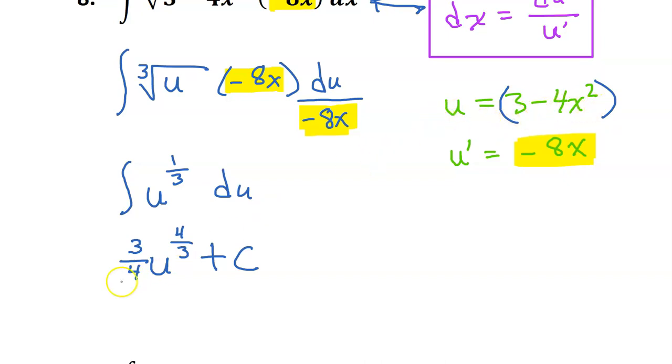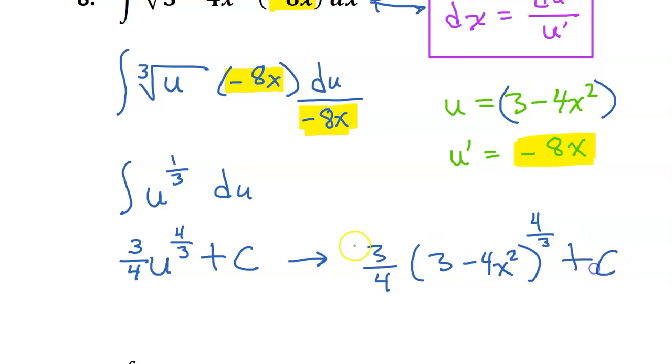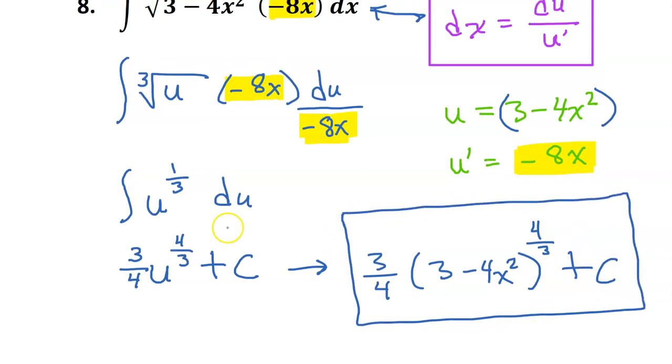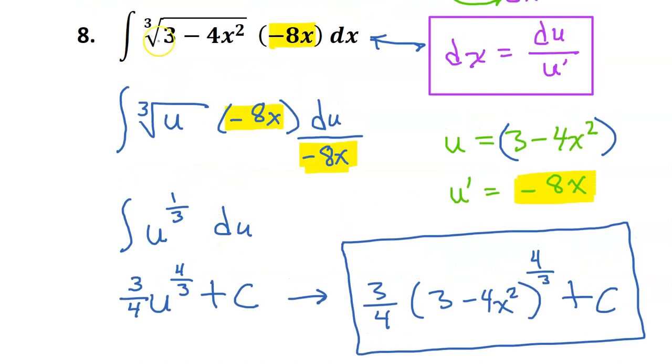So let's now put that back in. So this will now become 3/4, and then we have u to the 4/3 power, but u was 3 minus 4x squared. And that's it. That's how you use u-Substitution to find the antiderivative.